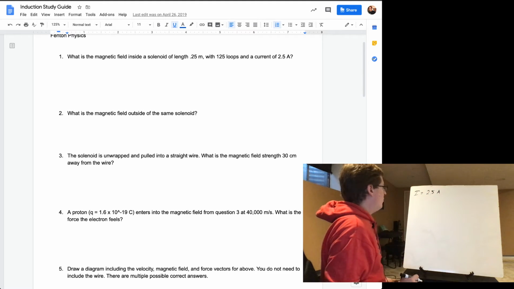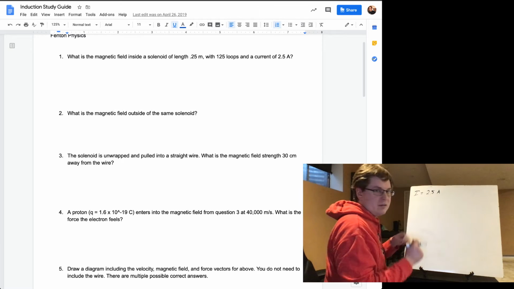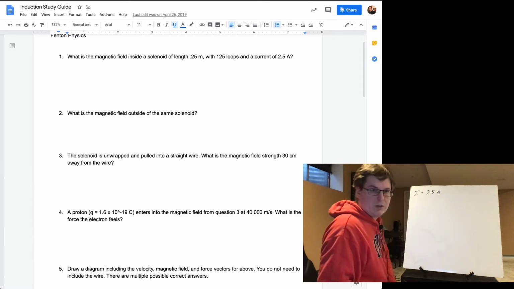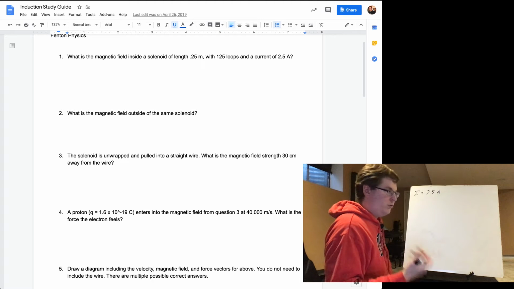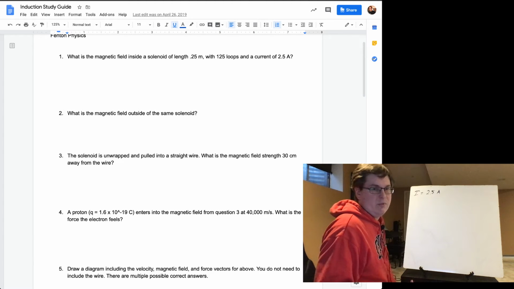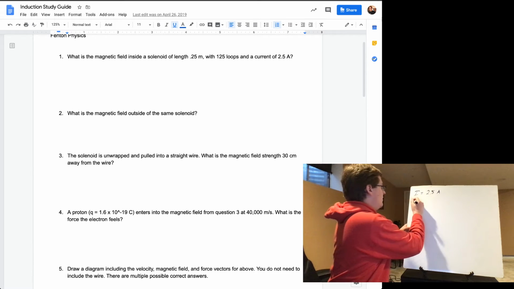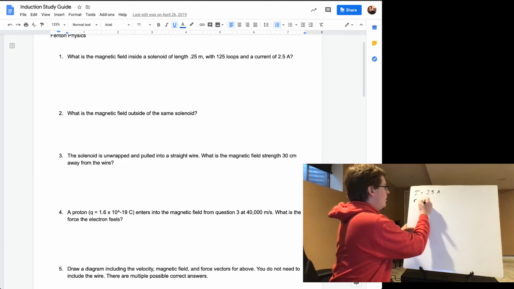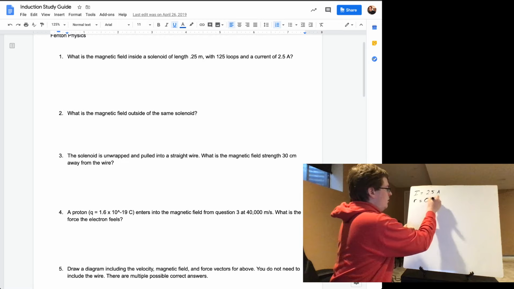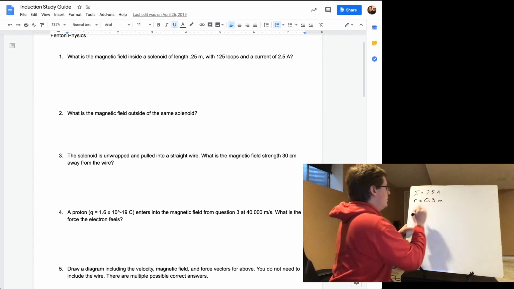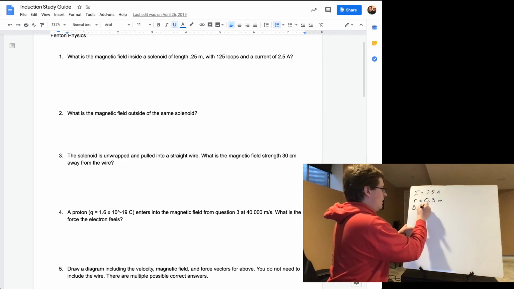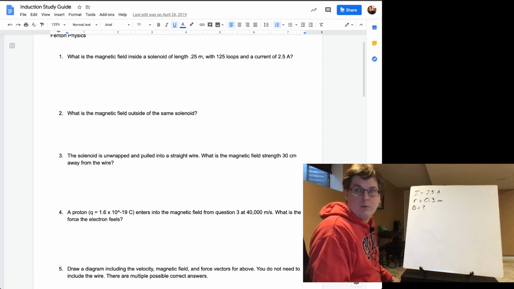I'm not going to be worried about the loops or the length or anything like that because I'm going to unwind it and pull it into a straight wire. In question number 3, I want to know what is the magnetic field strength at a distance of 30 centimeters. Remember, I need to use my standard metric units, so that's 0.3 meters. And I want to know what the magnetic field is at that distance away from the wire.